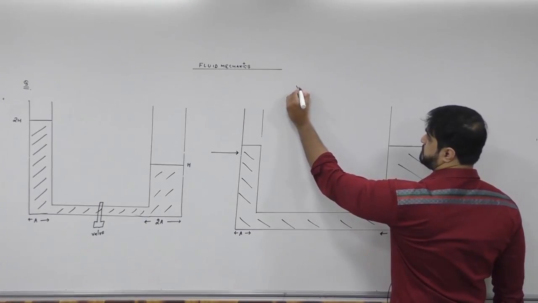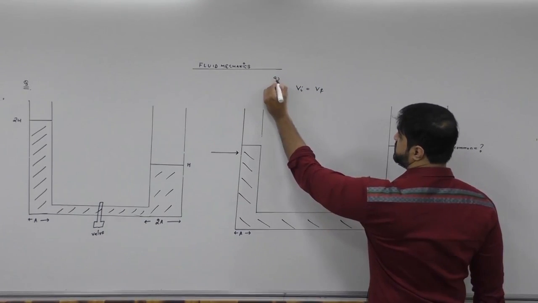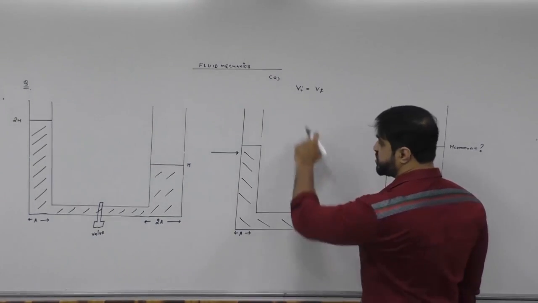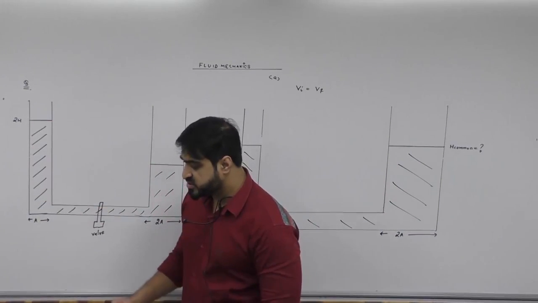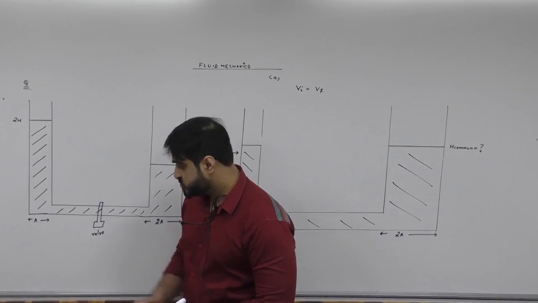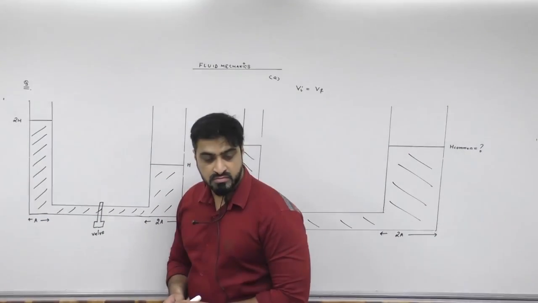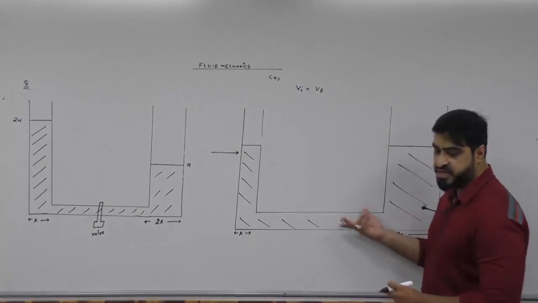Vi will become Vf. This is the first answer which I am solving. What is the initial volume in this container? This part, how much is the water volume? A into 2H. This part I am not considering because the redistribution doesn't take place over here.